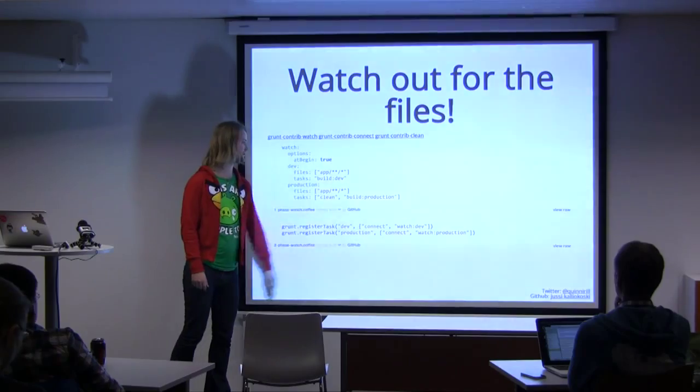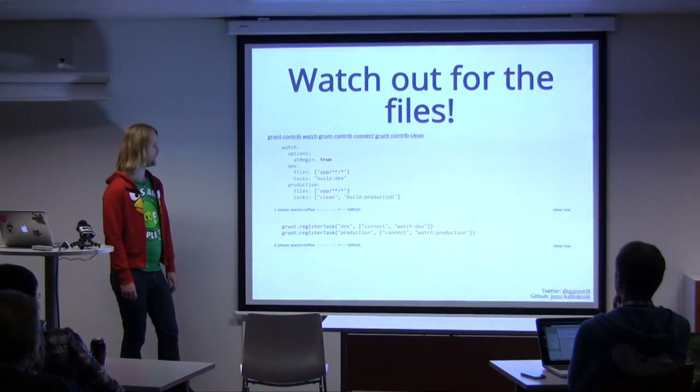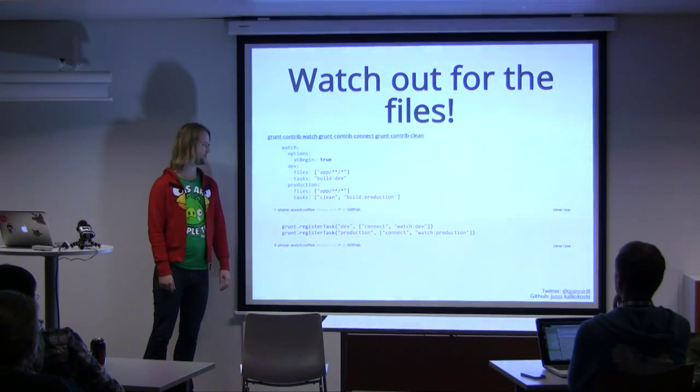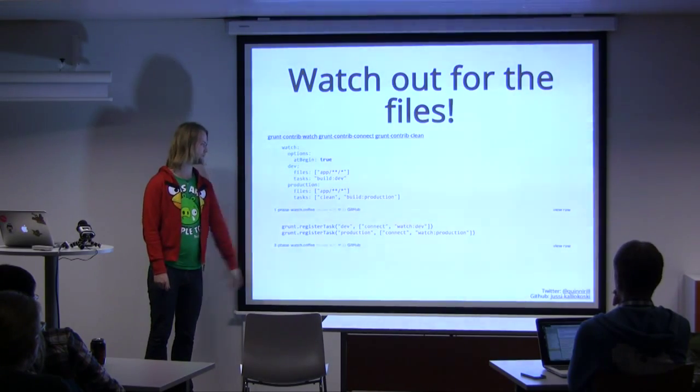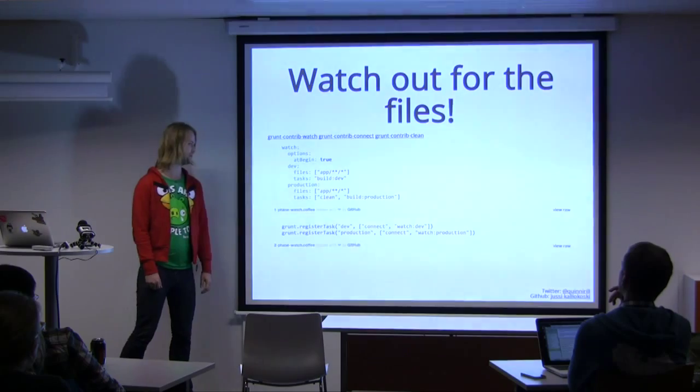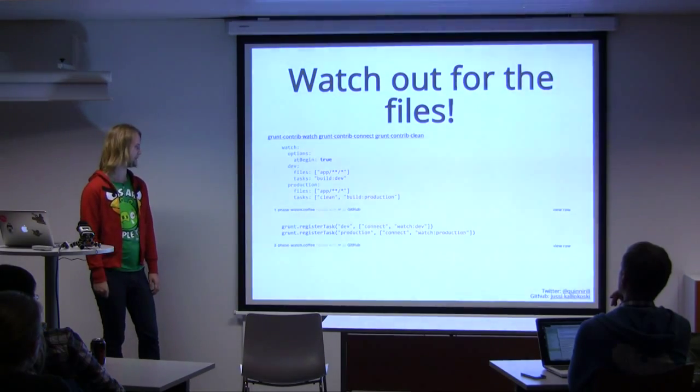We want to watch every file in our app folder, and if those files change in any way, we run the build dev task. And here, the same for production, except that we run the build production task.